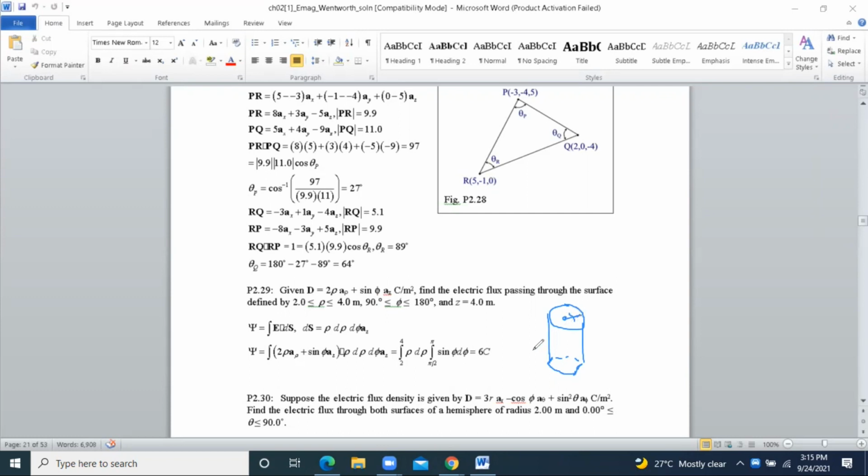It's defined by that rho, and your theta or your phi would be this cutoff piece here.